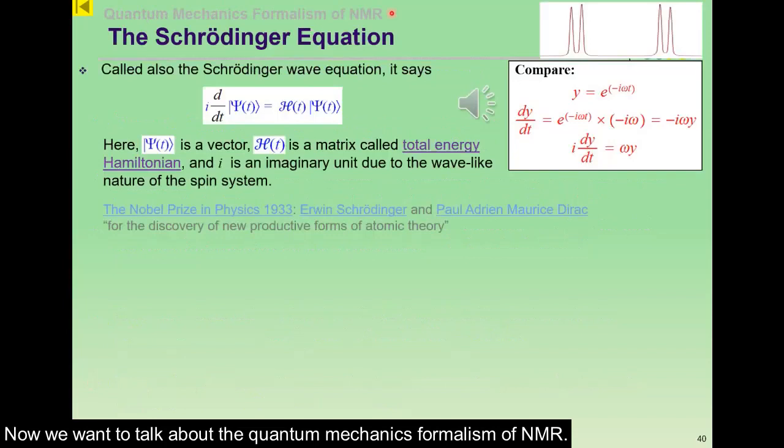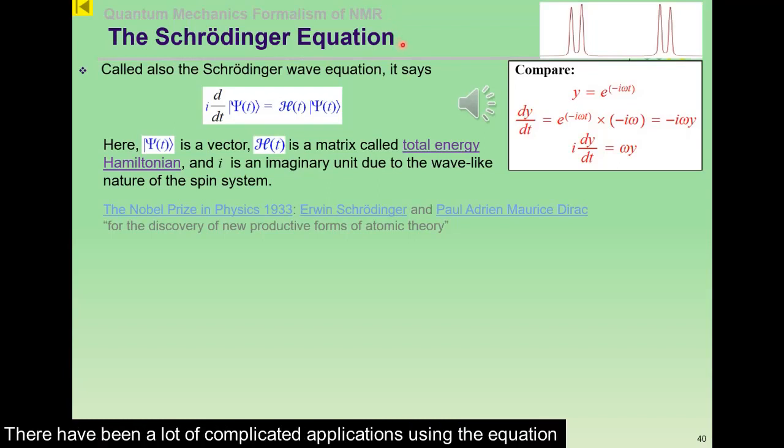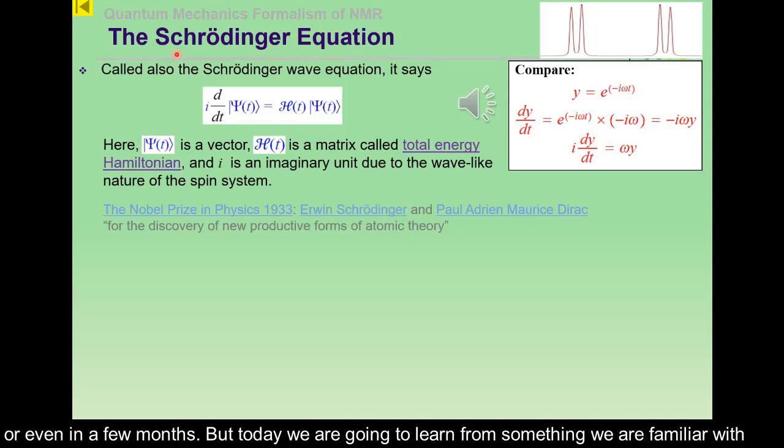Now, we want to talk about quantum mechanics formalism of NMR. The starting point is the Schrödinger equation. There have been a lot of complicated applications using the equation to describe quantum phenomena, and it's impossible to learn the details in a few lectures or even in a few months.